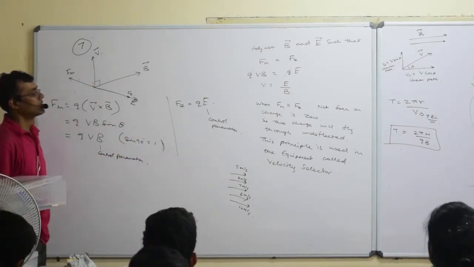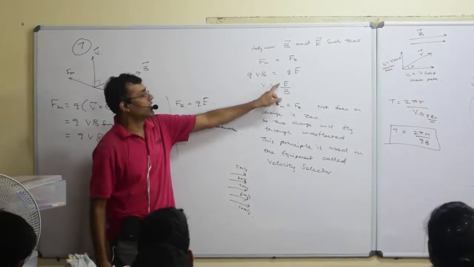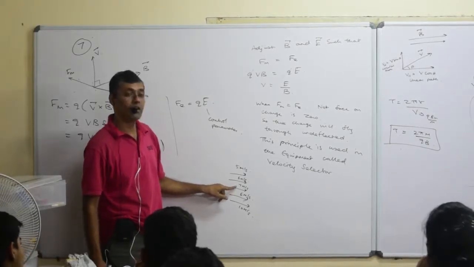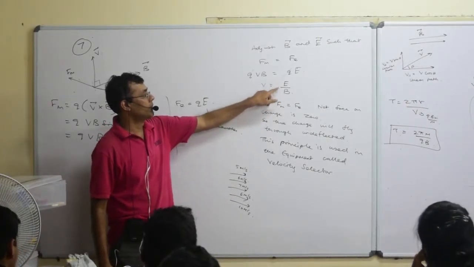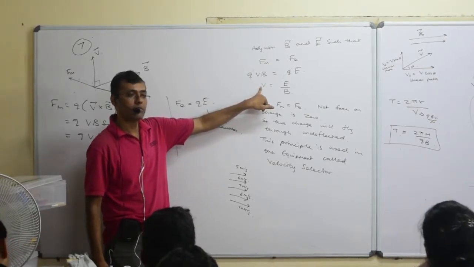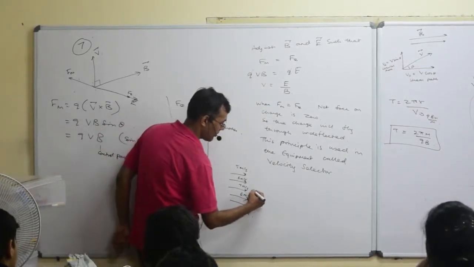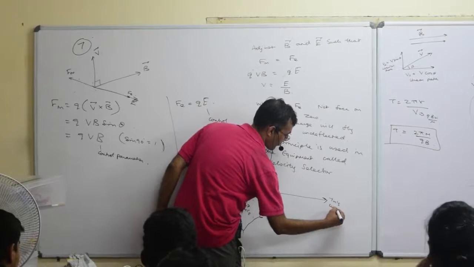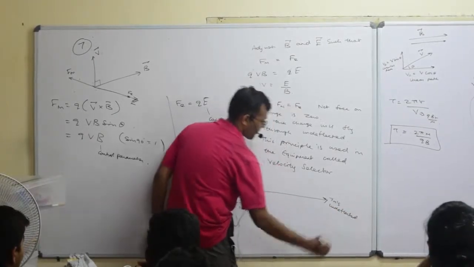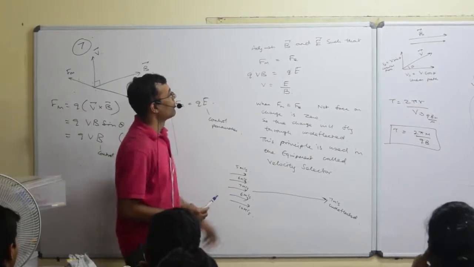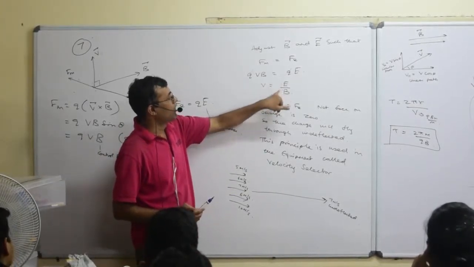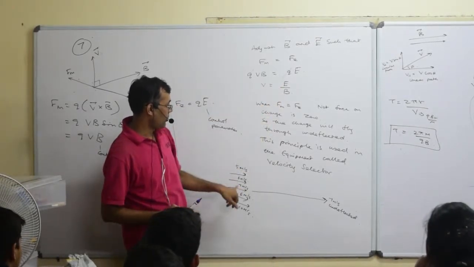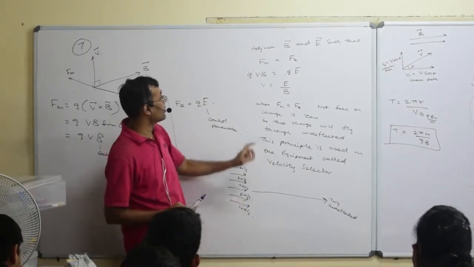If I had a setup like this, I can adjust the E and B such that if I want to get 7 meters per second, I adjust E by B such that it is equal to 7. Then this 7 alone will come out straight and undeflected. For all the others, E by B is still 7, so their velocities will not match this situation.